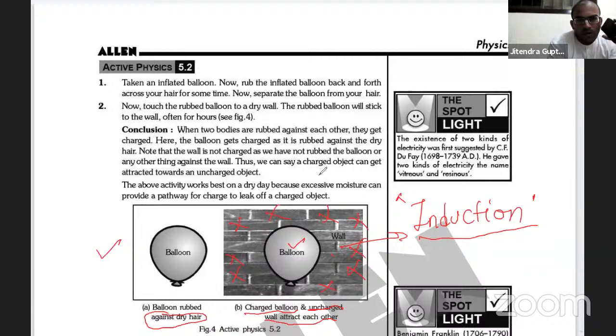Sir, when a charged particle comes in contact with a neutral particle, the neutral particle gets oppositely charged to the charged particle. Because the balloon is positively charged, the area of the wall near the balloon will be negatively charged due to induction, and that is how it will get attracted.